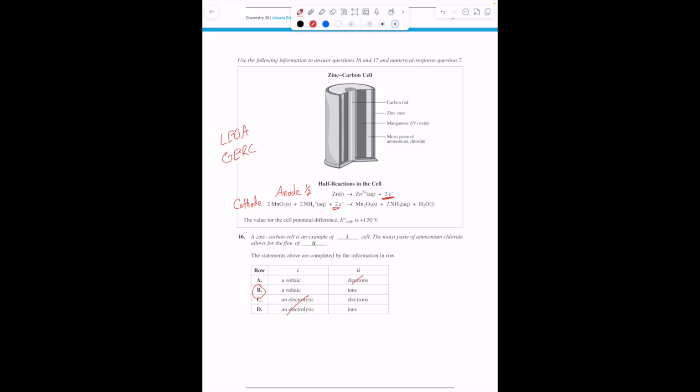All right, so I know that zinc is anode, and the cathode is the other one, so the cathode will be the carbon rod. That's cathode. The paste itself isn't the cathode. It has to be the metal pathway right there.